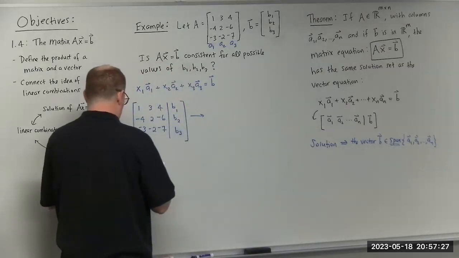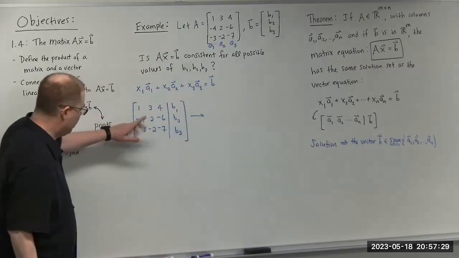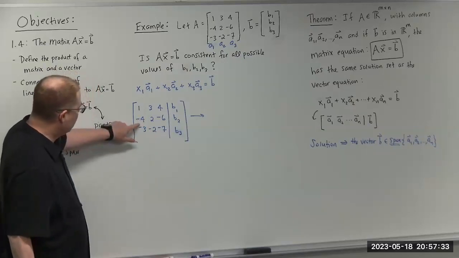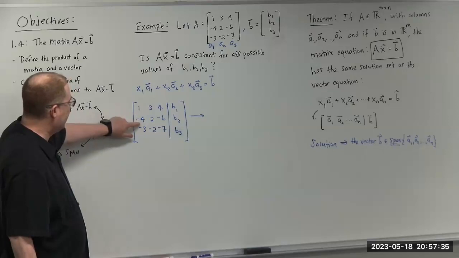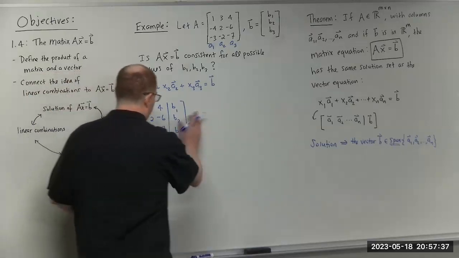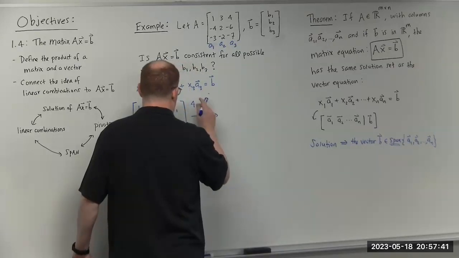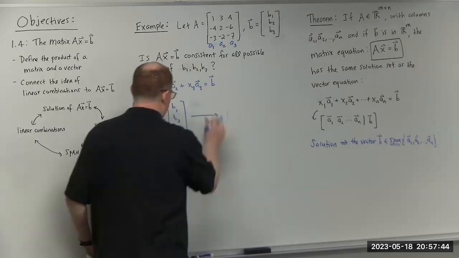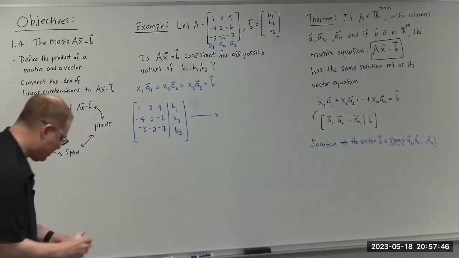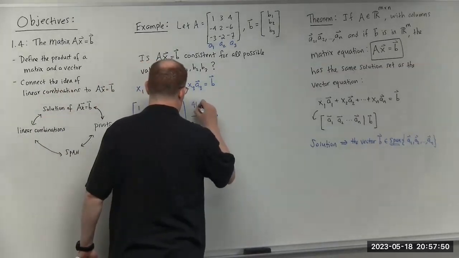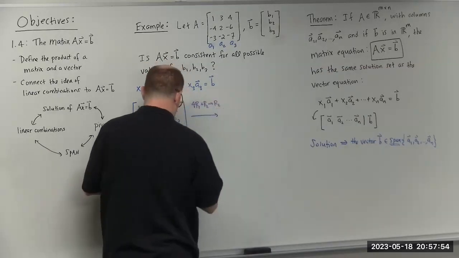Remember the goal is to make this 0, this one 0, and this 0. To make that 0, I'm going to take 4 times this value and add it to this one. So we have 4 times row 1, add it to row 2, and then store that result in row 2.